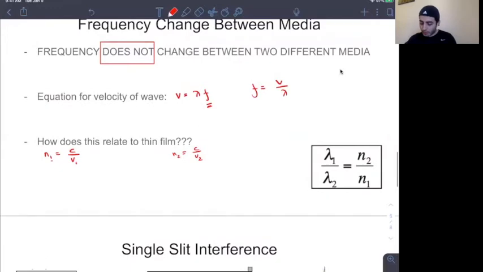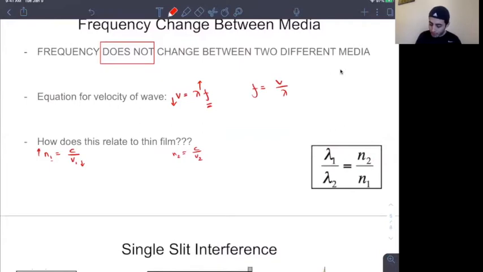So how does the velocity change with an increasing or decreasing wavelength? We know that if the wavelength increases, then the velocity has to decrease. If the velocity decreases, what happens to the index of refraction? It'll have to increase.